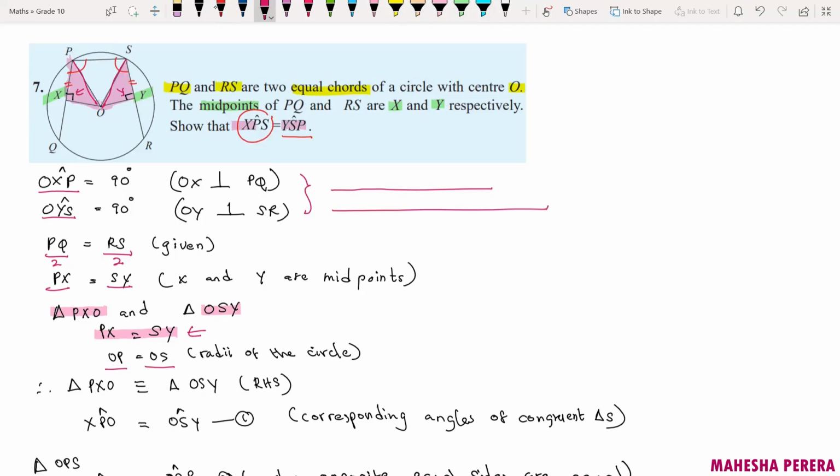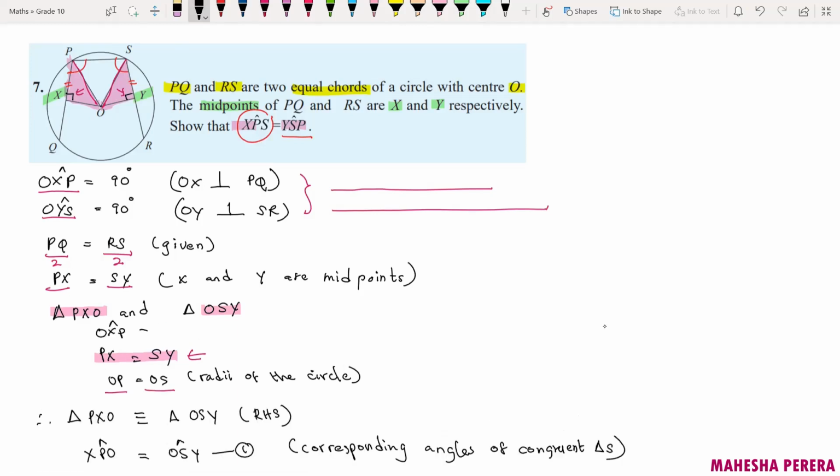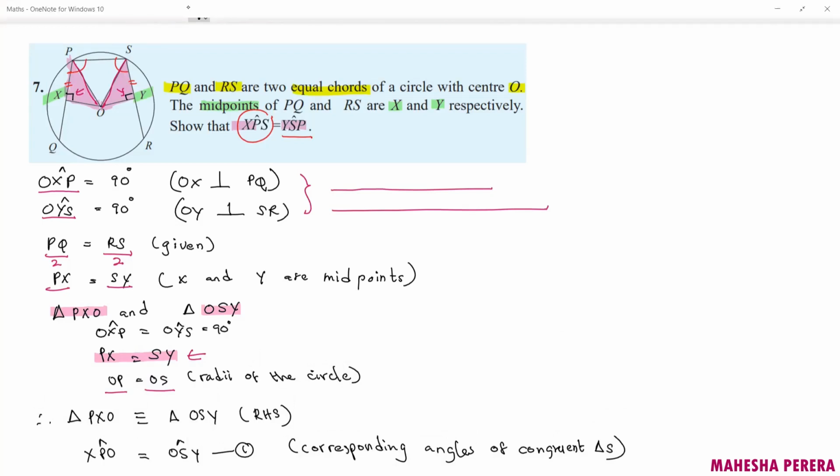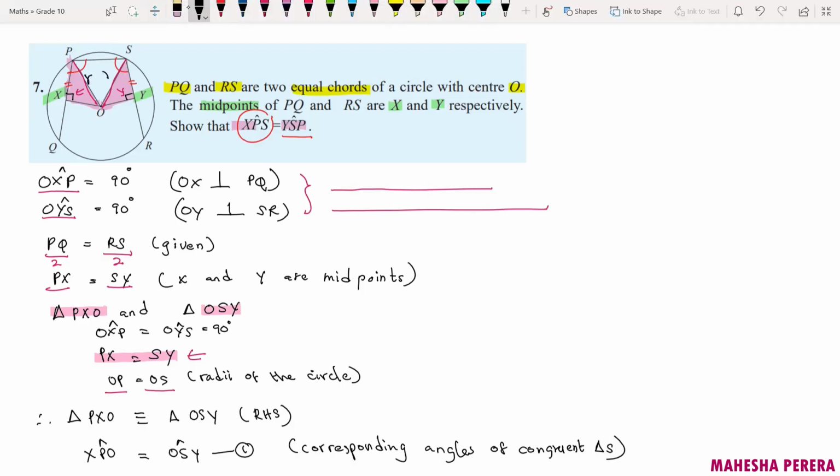That means angle OXP equals angle OYS, and it is 90 degrees. Now the radius is the hypotenuse of these two right angle triangles, so the hypotenuse is equal, and we have a right angle in these two triangles. Then also these two sides are equal. So according to the RHS case, we can say that these two triangles are congruent.